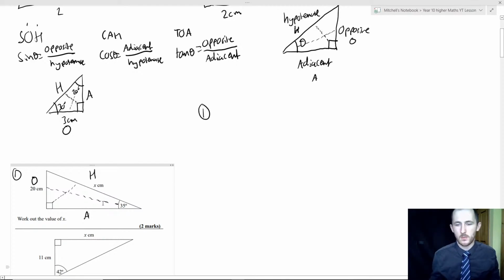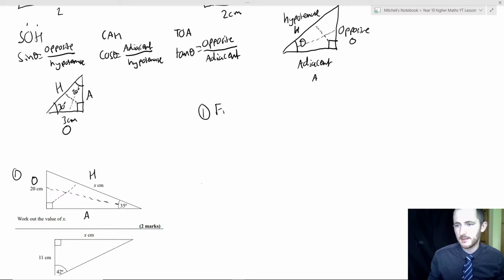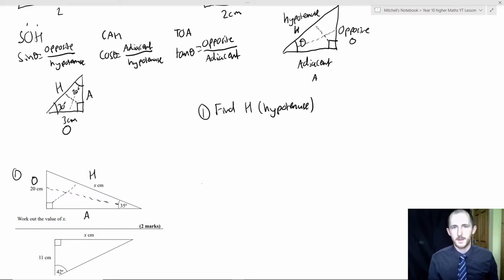We now need to work out what. Well, let's see what the question is asking us. It's asking us what the value of x is. In other words, we're finding h, which is the hypotenuse. So in terms of how we do that, we look up here at our SOHCAHTOA, and we look at what we have and what we want.